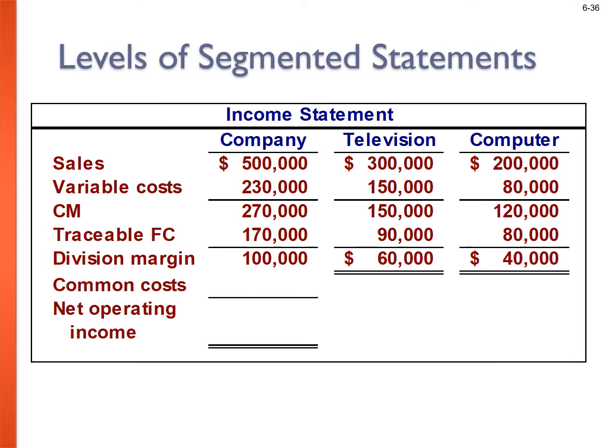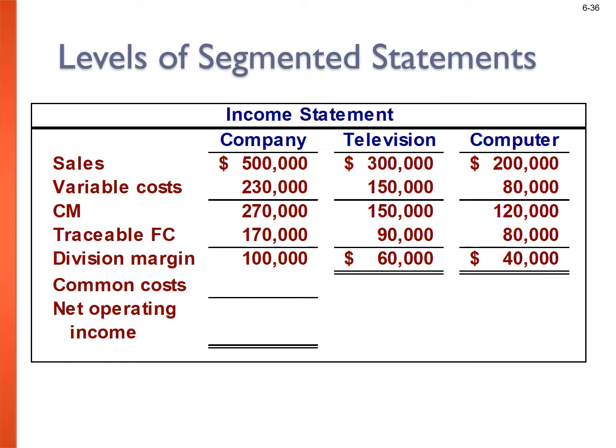Sales for each are listed, variable costs in total are listed for each division and the overall total. Traceable fixed costs are listed as well and subtracted. So the computer division has a $40,000 margin. Television, $60,000, overall $100,000. So we're showing how it is allocated.